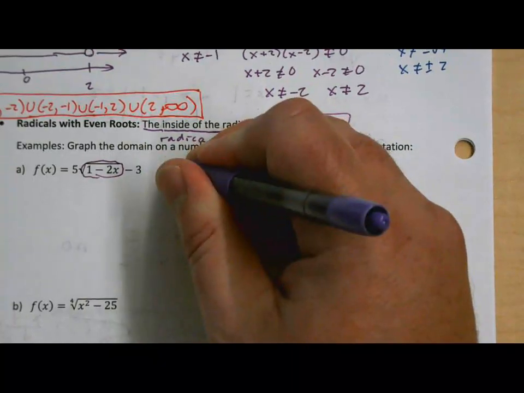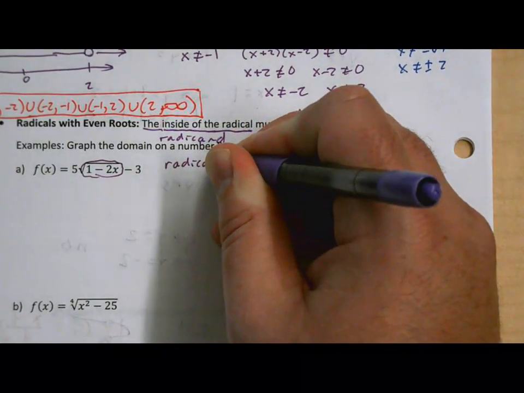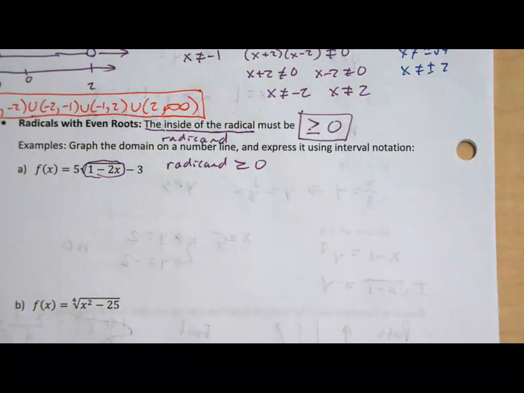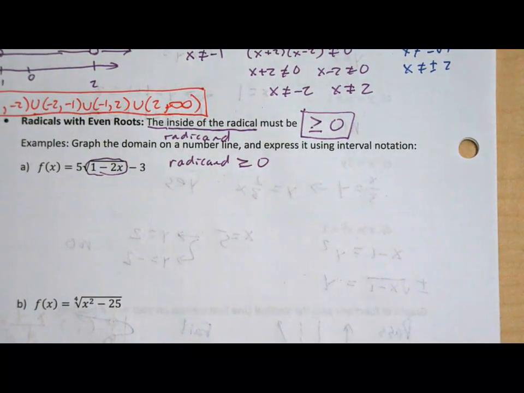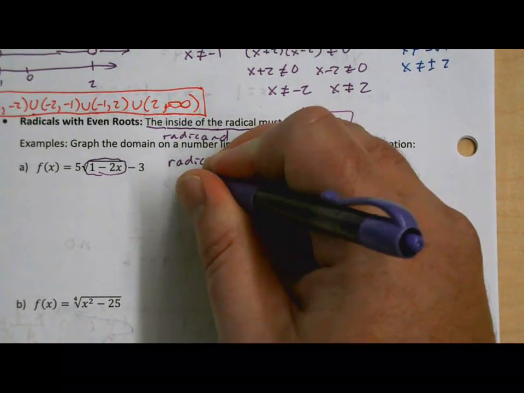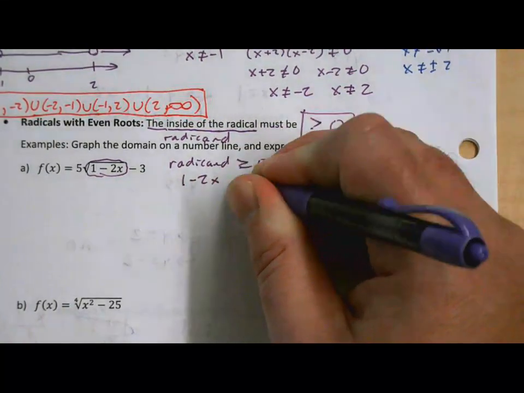Well, the radicand must be greater than or equal to 0. I'm writing that down, and I encourage you to write that down for every single problem. It's going to help you remember it when it comes up again in Chapter 3 and Chapter 7 next year in calculus. The radicand must be greater than or equal to 0, and our radicand this time around is 1 minus 2x.